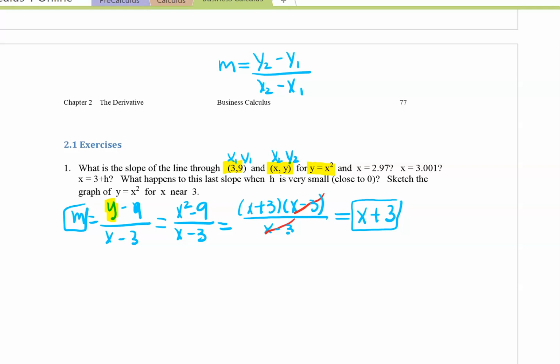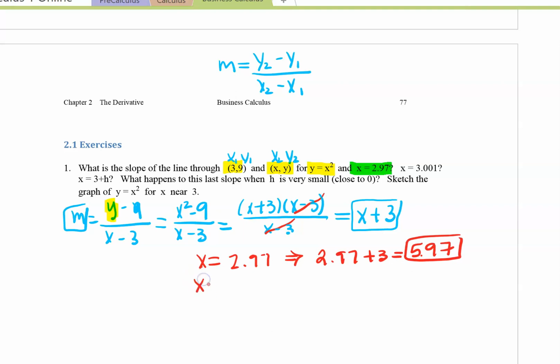And so if it says, what is it when x is 2.97, I've already done all my legwork here. So when x is equal to 2.97, that's going to be equal to 2.97 plus 3. So I get 5.97. And then it says, what is it for x equal to 3.001?